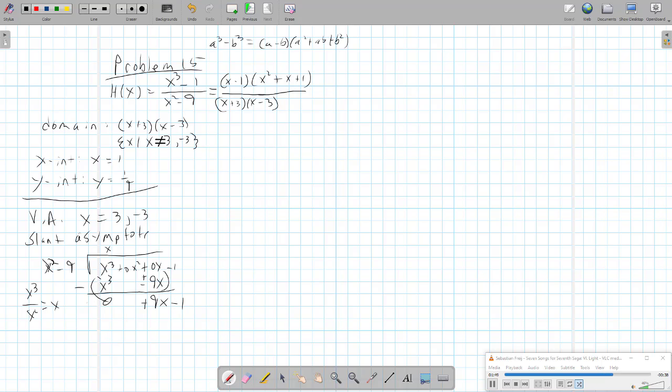No, plus 9x, my bad. Plus 9x, because I subtracted a negative. Yeah. So then, x squared won't go into that, so we're done. Y equal x, our quotient, is our slant asymptote. Alright, should be ready to graph.